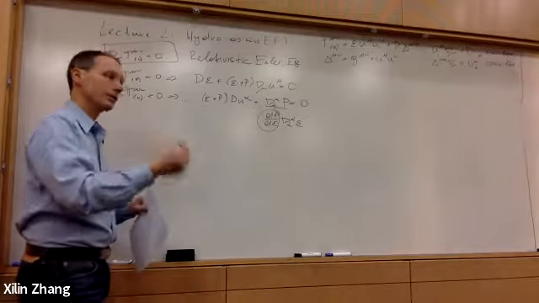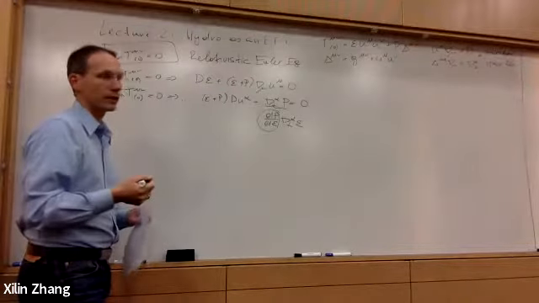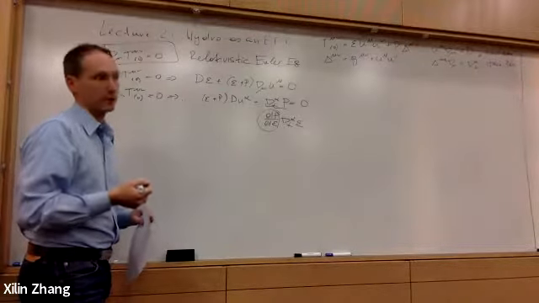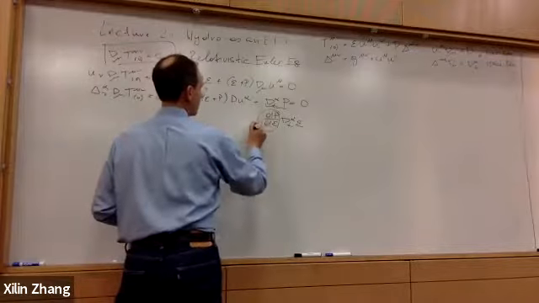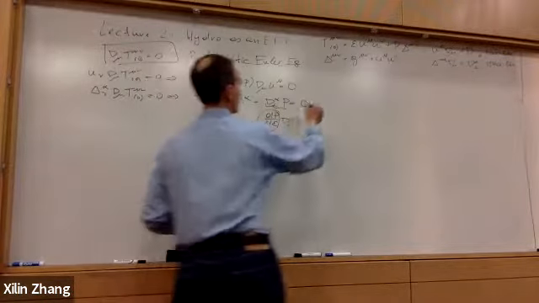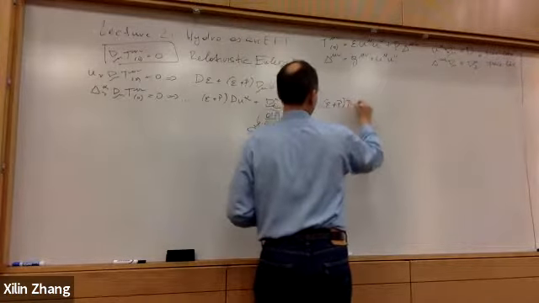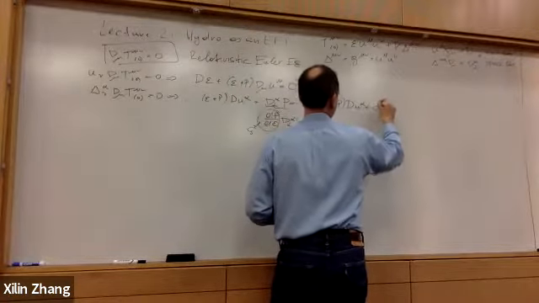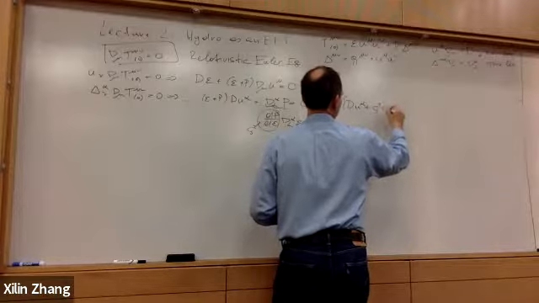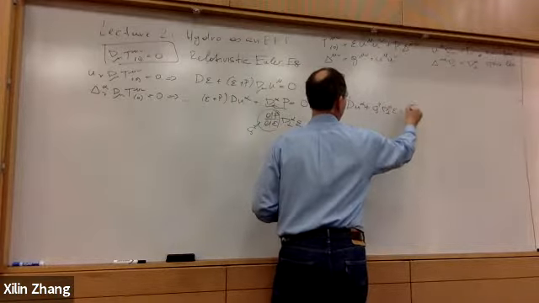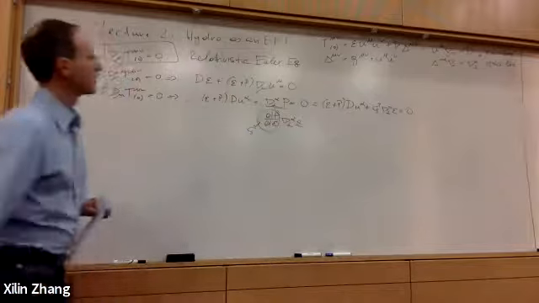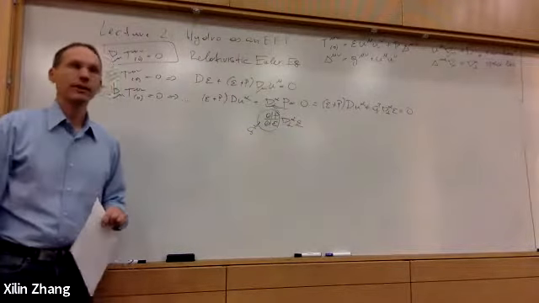And with hindsight, we can recognize this to be the speed of sound squared, Cs squared. So basically, you find that this equation here is often expressed in such a form. So these are the relativistic Euler equations.